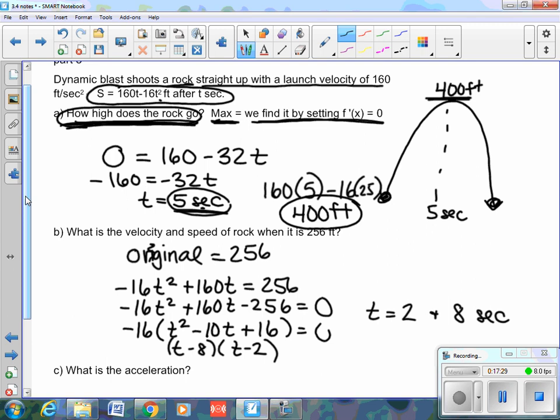What is the velocity and speed of the rock when it's at 256 feet? Well, if it's at 400 feet, somewhere around here and here, it had to have hit 256 twice. Does that make sense? It's hitting it at 2 seconds and at 8 seconds. And then, what is acceleration?